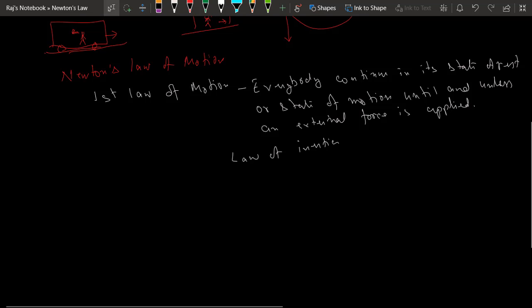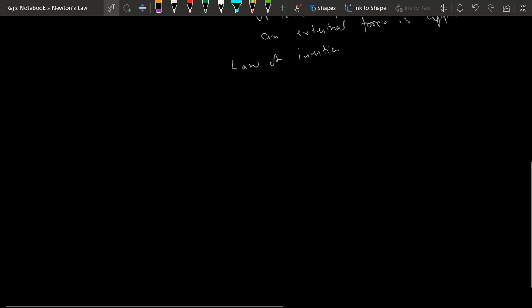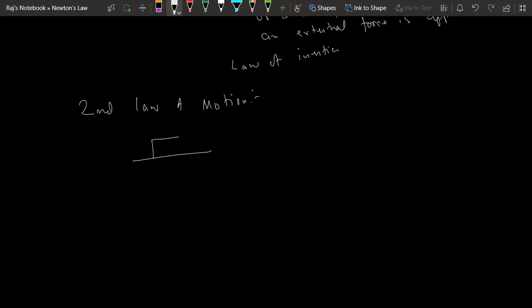Now second law of motion. Suppose we consider a body of mass m.